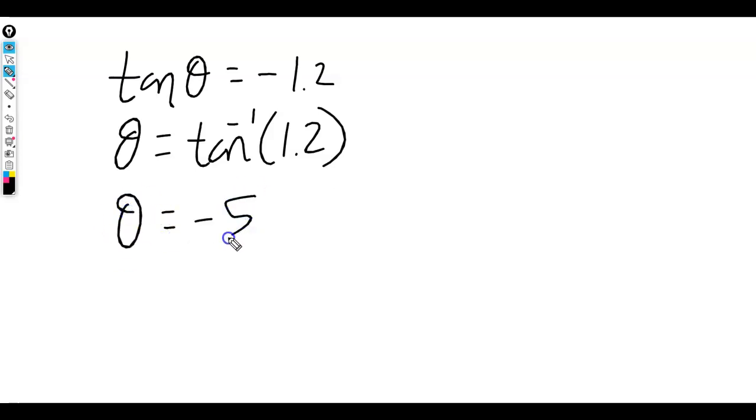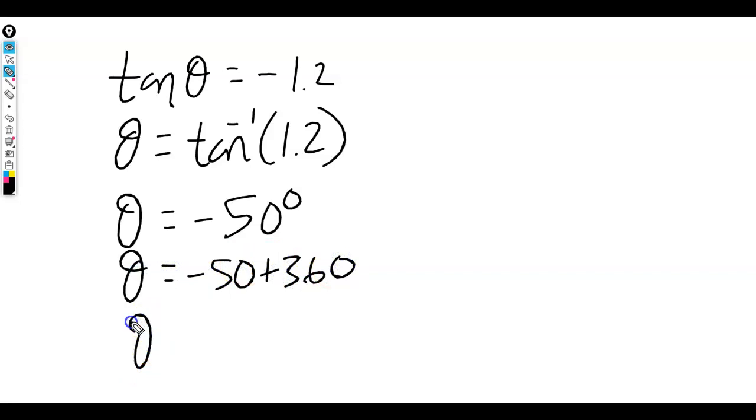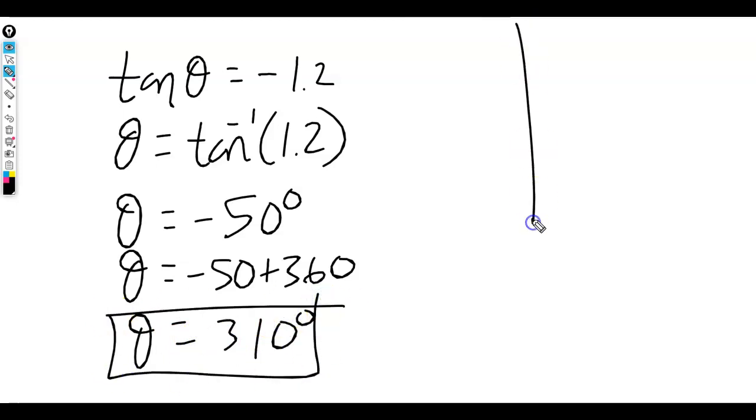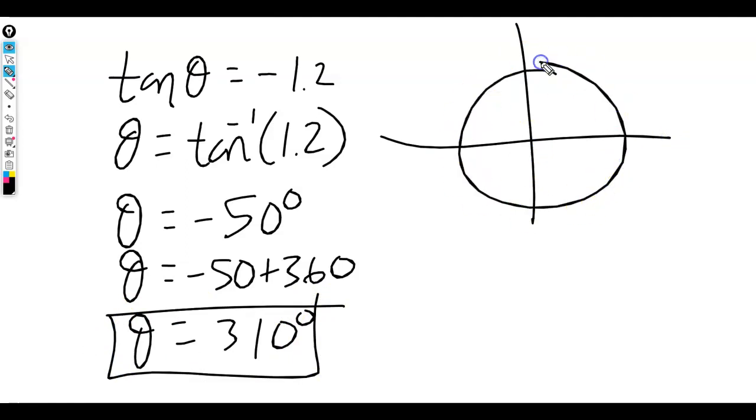We don't like negative answers though, right? So I'm going to add 360 to that. And I end up with 310. So there's my first answer, and I want to find where that's located on the unit circle once again. 310 degrees. That's going to be somewhere right about here, I believe. That's a 310 degree angle right about there.